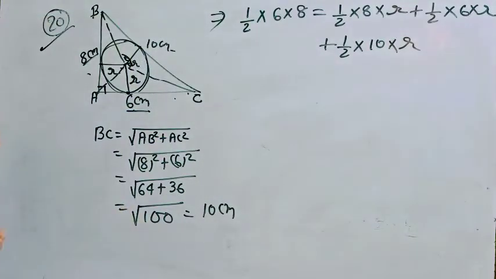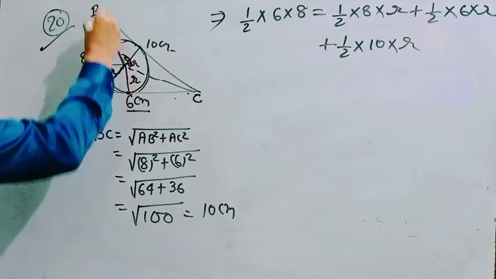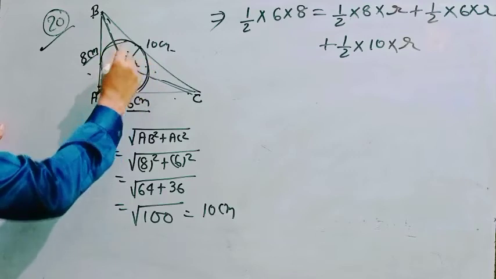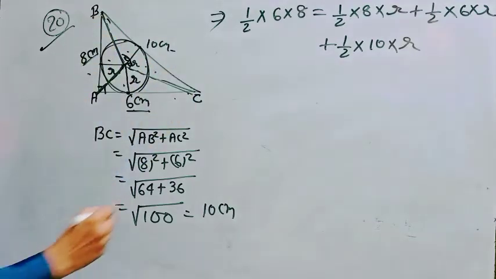Dear student, here are three triangles. One is AOB, next is AOC, and third is BOC. Then all three triangles you add, then you get the area of triangle ABC.